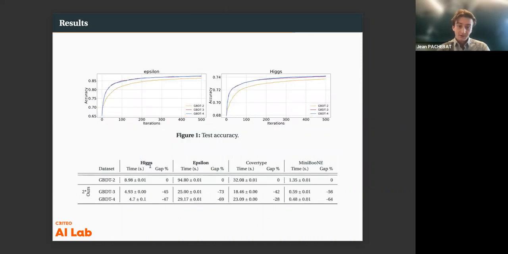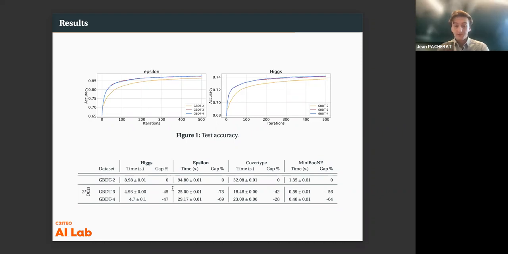So here are the results. In the first place, I want to talk about this table. This table is a summary of the running times for each algorithm for second, third, and fourth order optimization versions. We have the recording of the time for each dataset and the gap in terms of percentage regarding the baseline value, which is the second order.